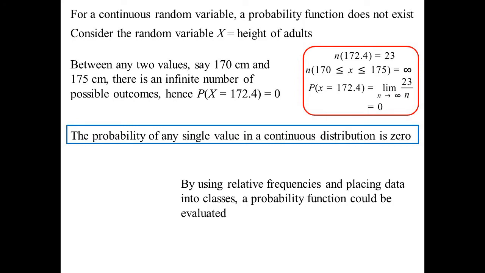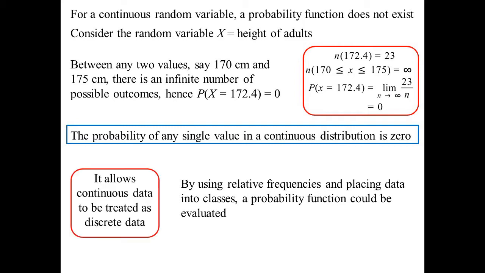Now, by using relative frequencies and placing data into classes, we could come up with one. Classes allow us to treat continuous data as if it was discrete, because we're saying, let's just assume every value between 170 and 175 is the same.